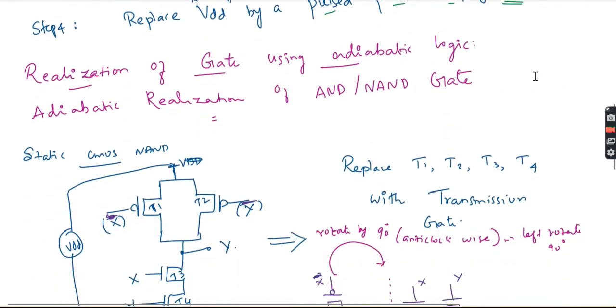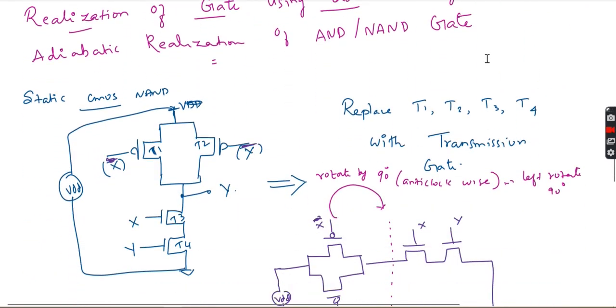We have seen the example, where we realized an AND and NAND realization. Here we can see the normal CMOS circuit, with X bar, Y bar, and X and Y. Now this is a general 2-input CMOS NAND gate.